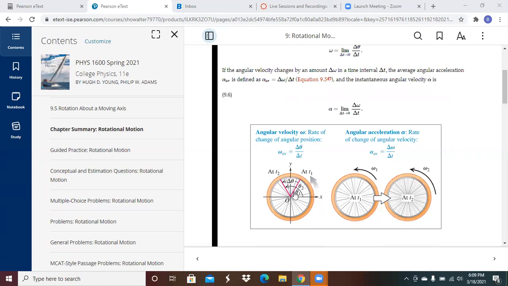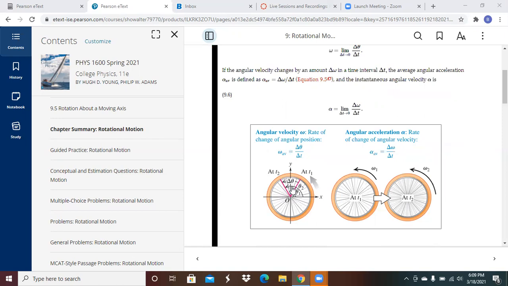This is already set at a particular angle. This doesn't describe it too well, but at time t1, if you can read that, you have an angle theta 1. As it rotates through, it creates a second angle, theta 2.